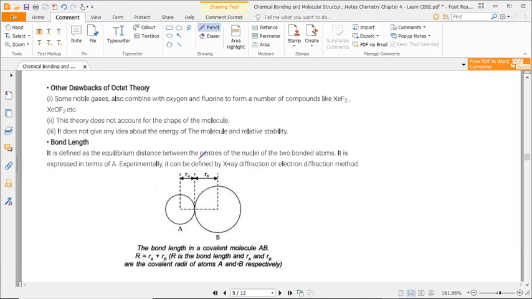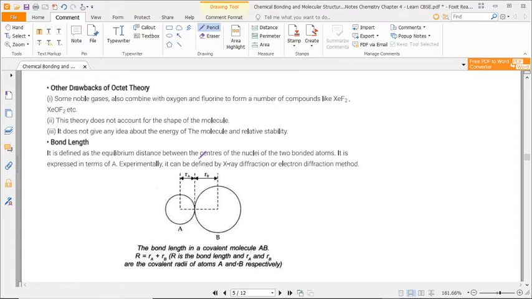To achieve a stable octet is the driving force. But your inert gases are not supposed to form such compounds because they already have a stable octet structure. So there is no need for them to gain or lose electrons and form a chemical bond.